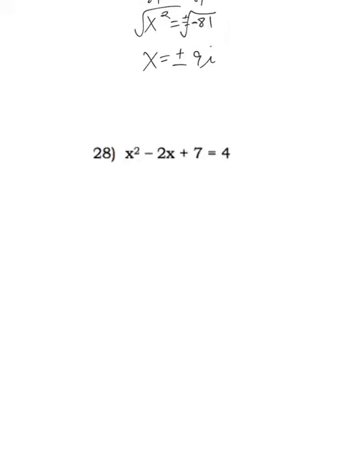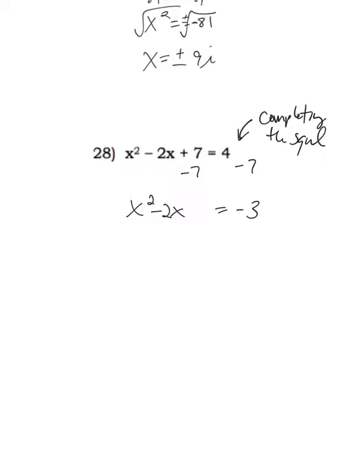Okay, let's do this. Maybe we can change how this looks by completing the square. If I can get something squared on one side equal to something else, then I can use the square root property to solve it. For instance, what if I were to start by subtracting 7 from both sides? So I have x squared minus 2x equals negative 3.